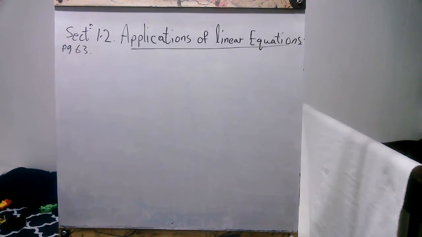Here we're going to discuss some examples from business. The simplest description of production cost as a linear function of the number of items sold is this.